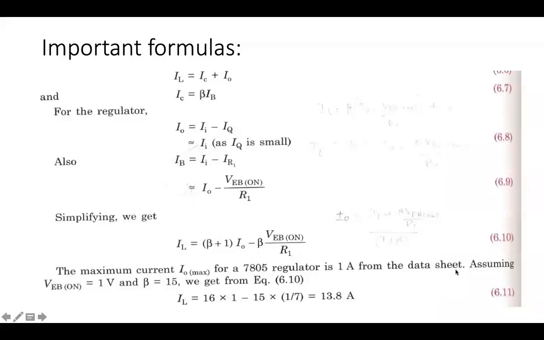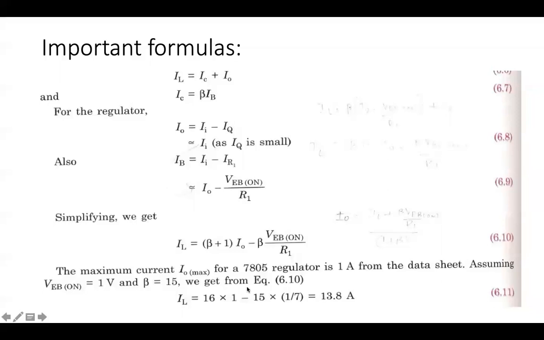And assuming VEB on is equal to 1 volt and beta is 15. Now beta is also dependent on W by L ratio of the transistor, the width and length of the channel of a transistor. So that gives us the beta.